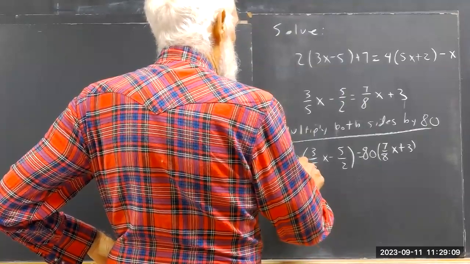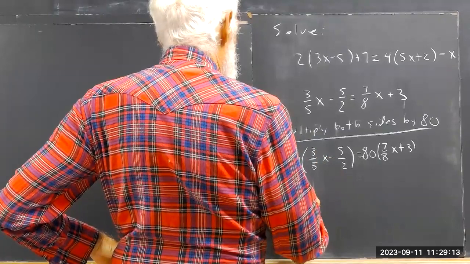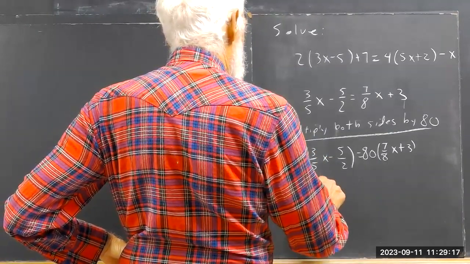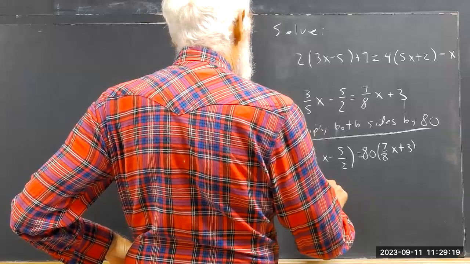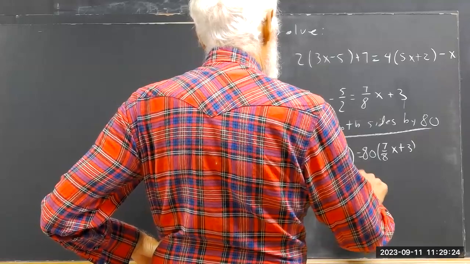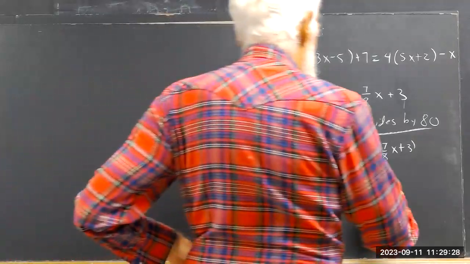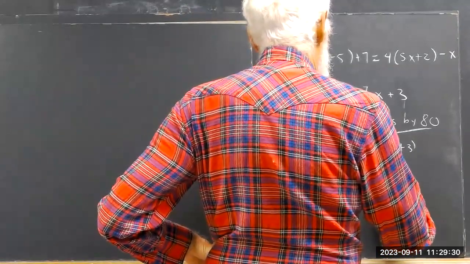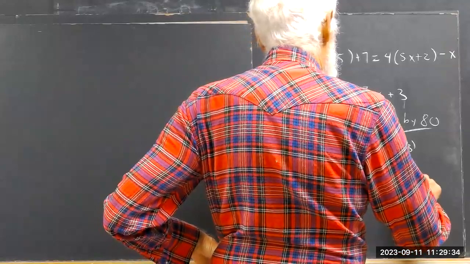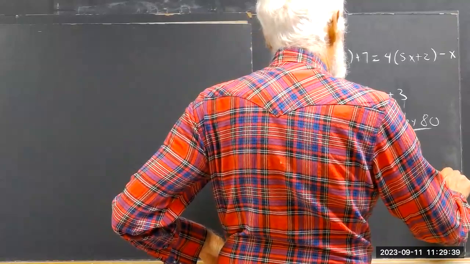So this is the same as 80 times 3/5 x. And since I'm multiplying by a fraction, I'll write 80 as 80 over 1. And the same thing with the 5/2. And on the other side, again, we'll do 80 over 1 times 7/8 x plus 80 times 3.